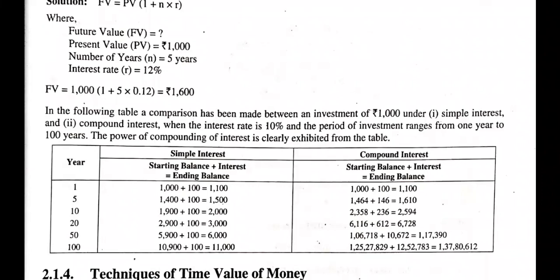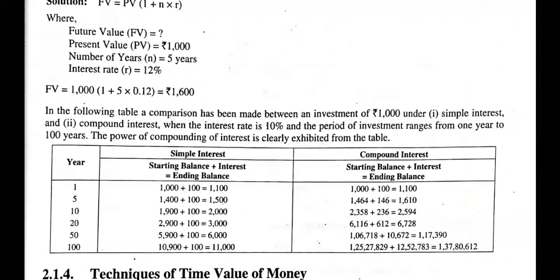You can clearly find the difference. In compounding, it will add both principal and interest, and again next year the outstanding principal plus interest. So likewise it will go on adding every year, and ultimately you will find that there will be a huge amount of balance at the end. So the banks and other financial institutions follow the compounding method of charging the interest.